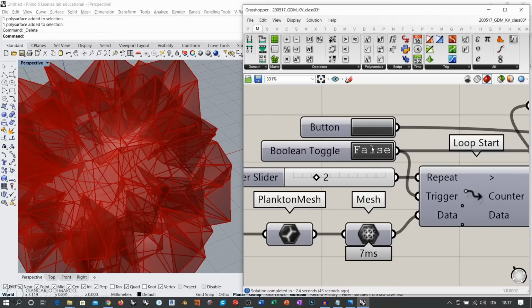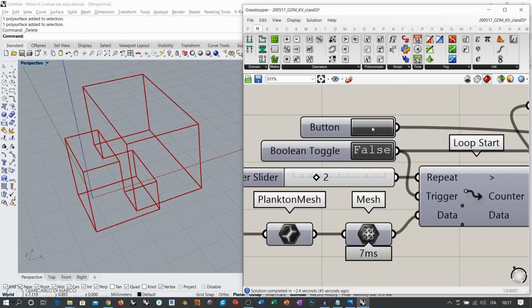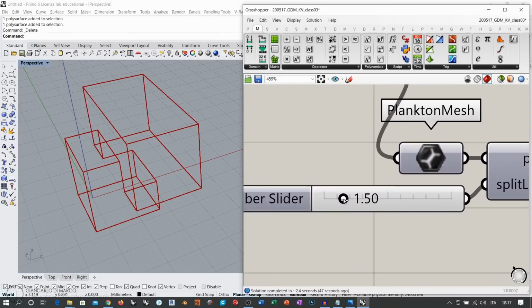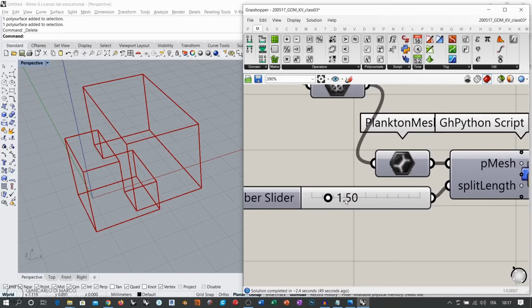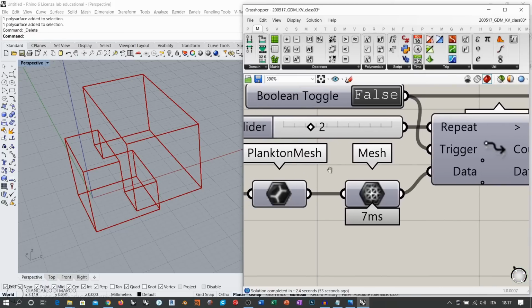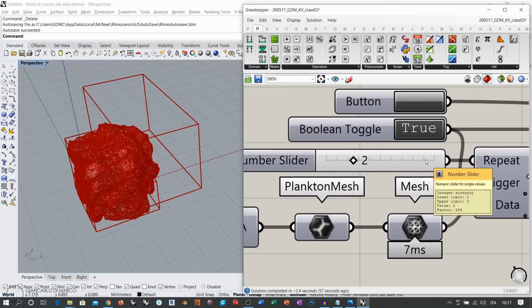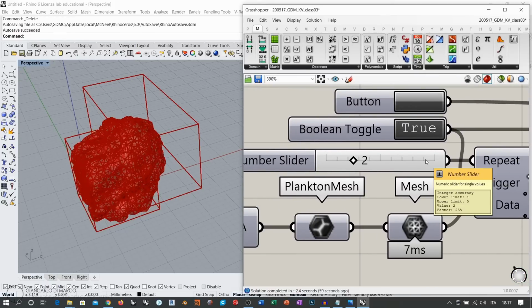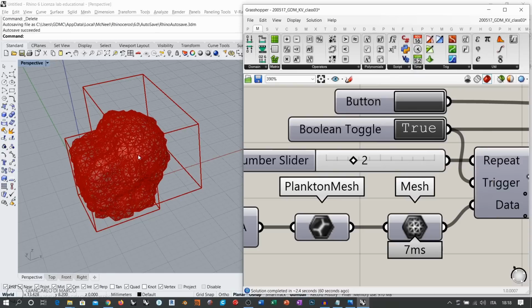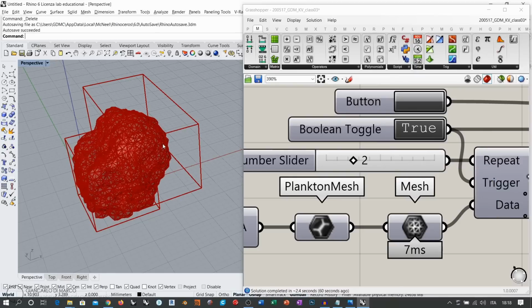What I would do eventually is decrease the split length a little. So let's see what happens if I set this to 1.25. Reset and run. So we should have more edge splitting going on. So this object should have a higher resolution, this mesh.